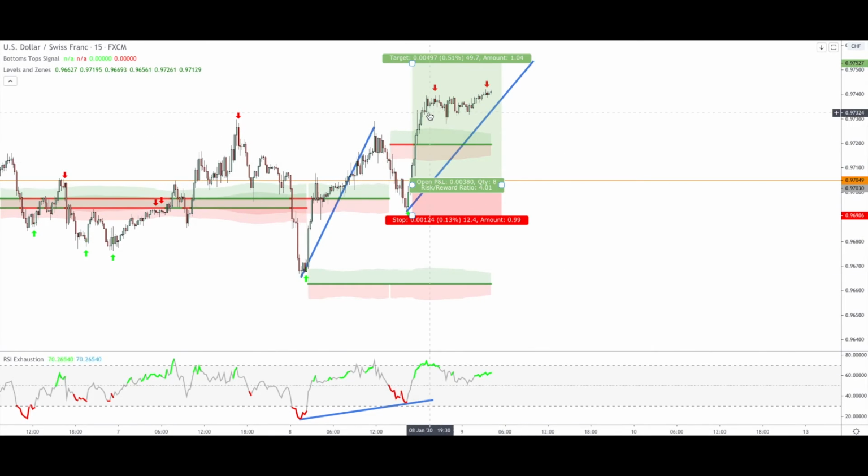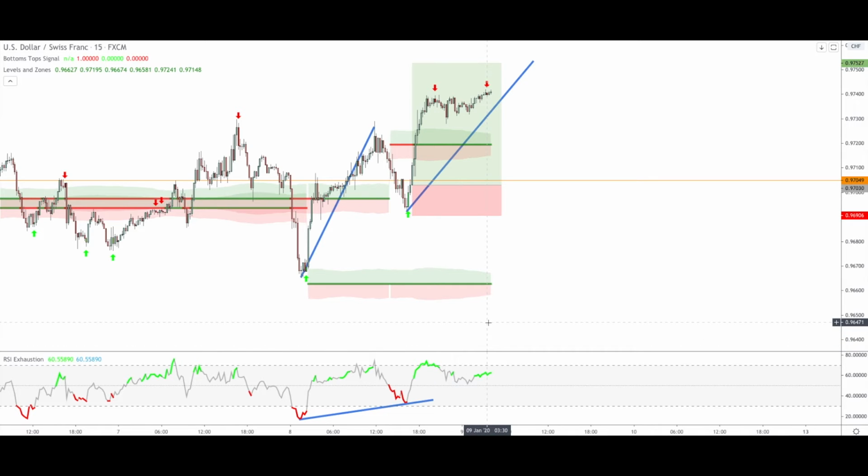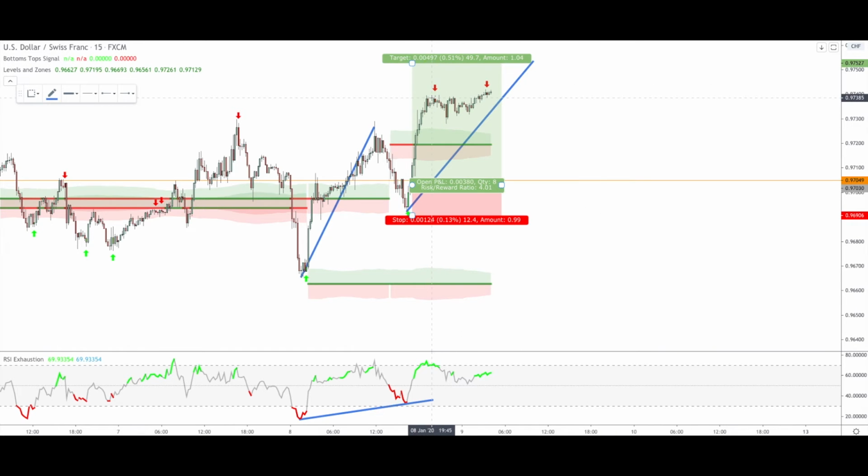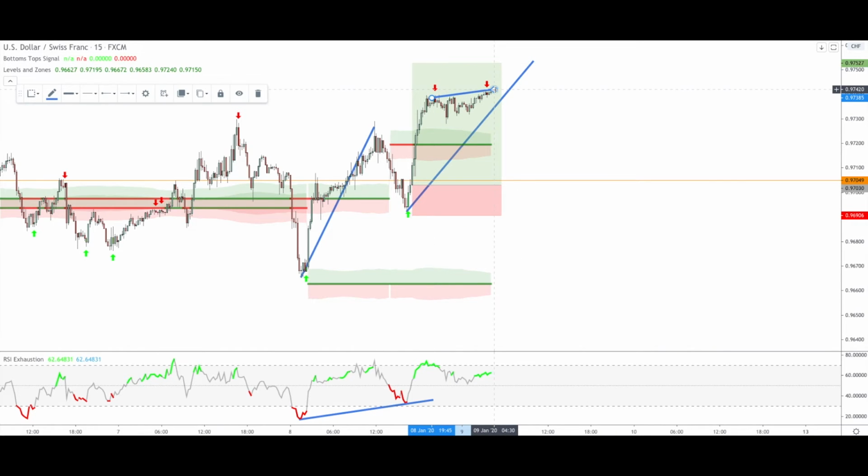So the price moved a bit higher and then started to slow down. The concerning thing here is that we had a first top, which is not a big deal, but then we had another top, a second top, and the second one is slightly higher, but the concerning thing is that the RSI is way lower.